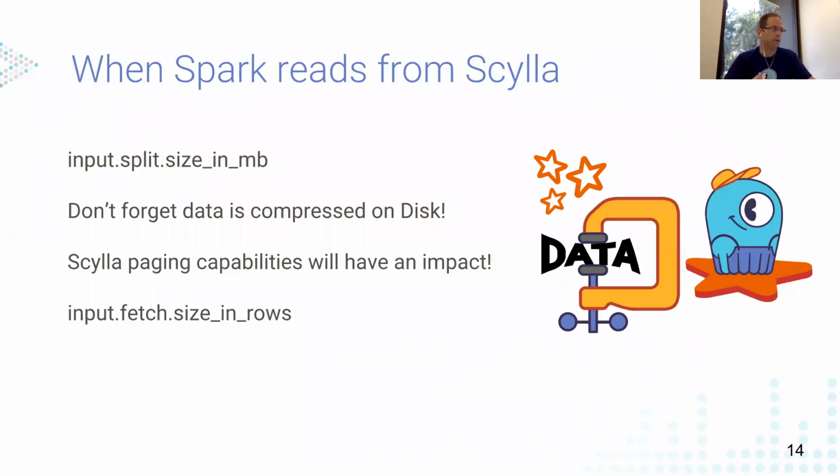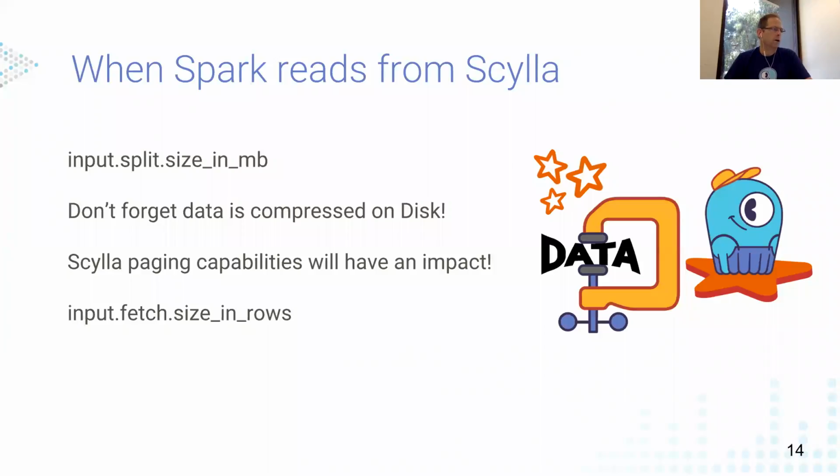What we do recommend is decreasing the split size. So read a smaller chunk of data every time and reduce those big scans on the partitions and the table themselves. It will enable better concurrency and a better throughput out of the Scylla node.